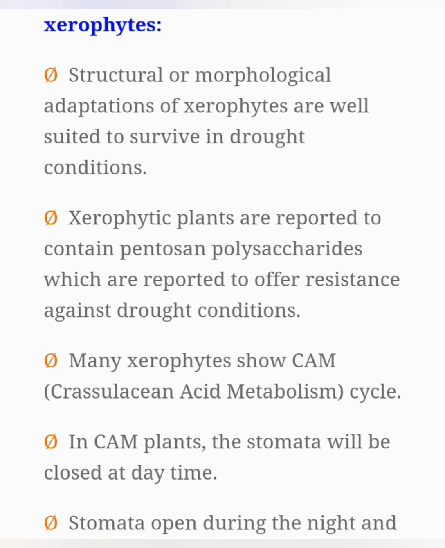Now the water deficit acts as a stress in xerophytic plants. So when these xerophytes are in stress, they are stimulated to synthesize the ethylene hormone. Okay, so this ethylene hormone will be synthesized, and it enhances the falling of the leaves in desert plants.